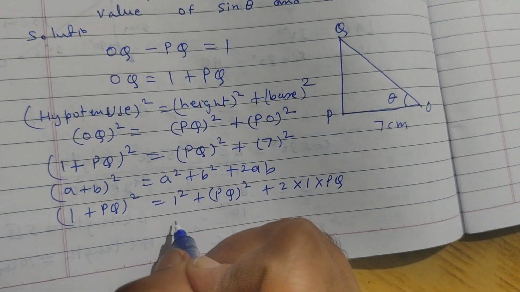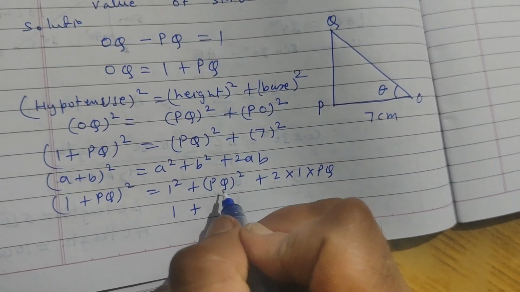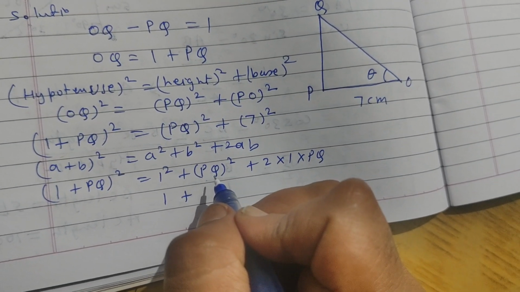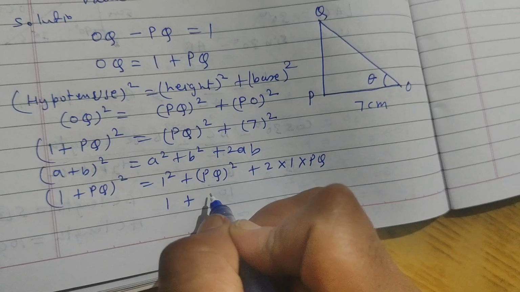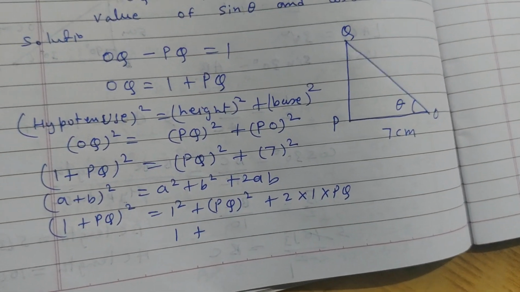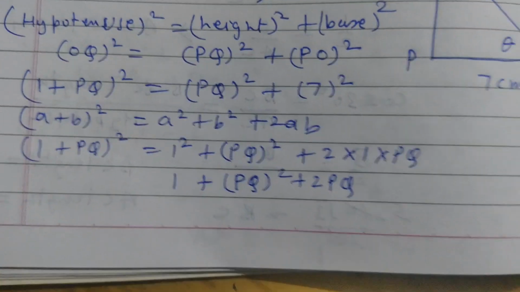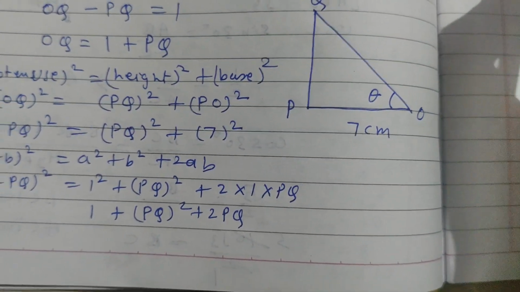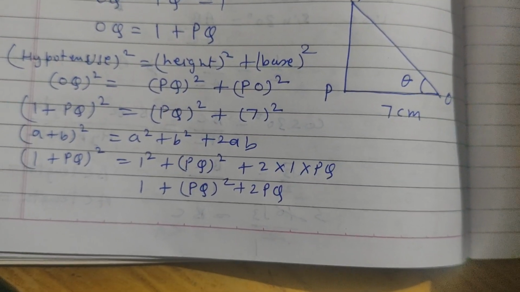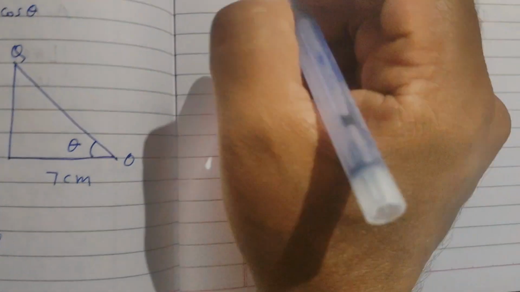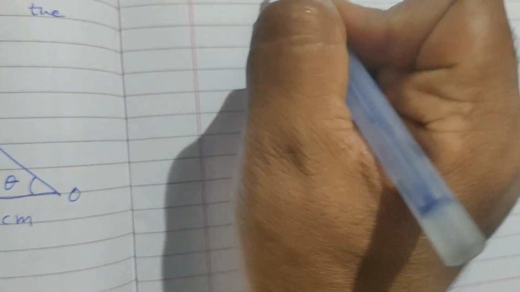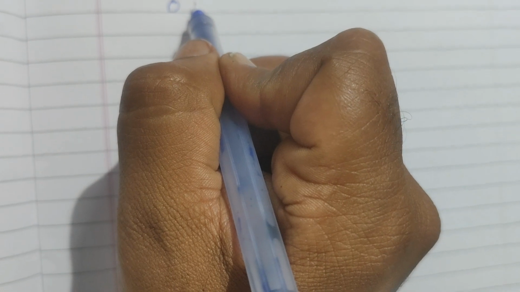So here OQ squared is equal to PQ squared plus PO squared.